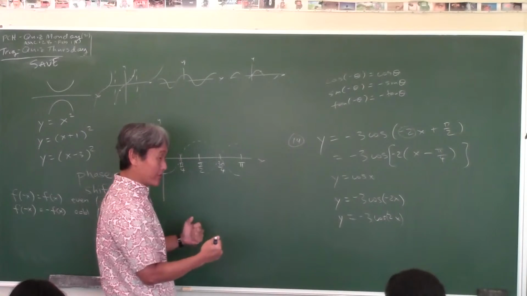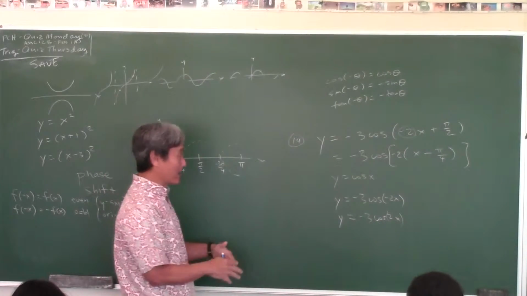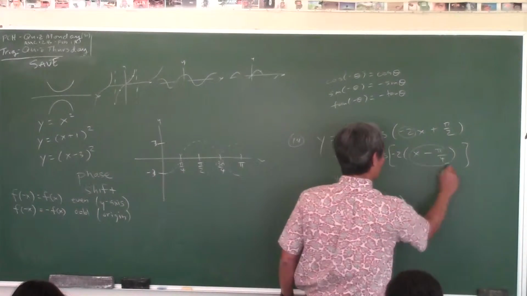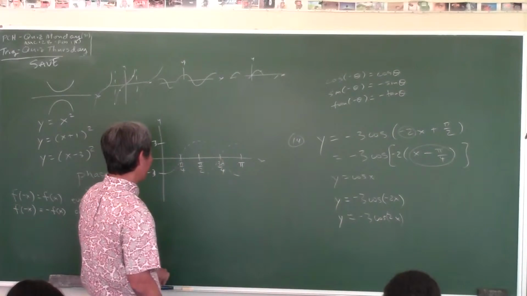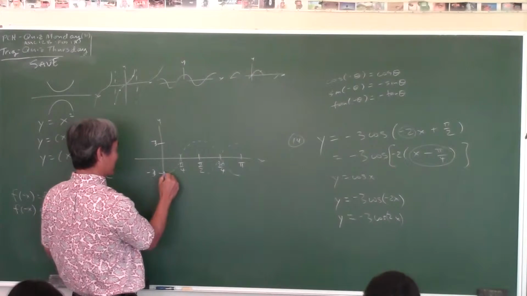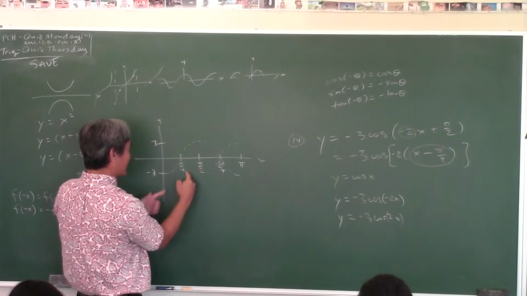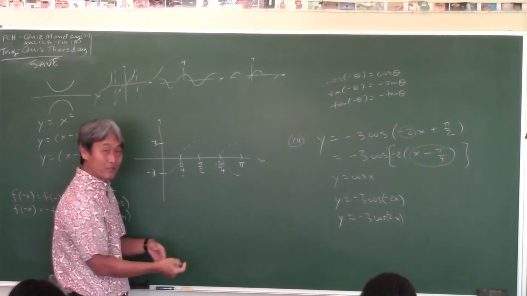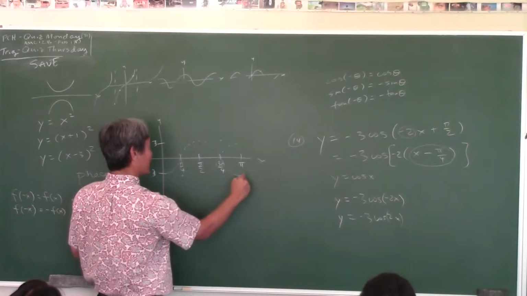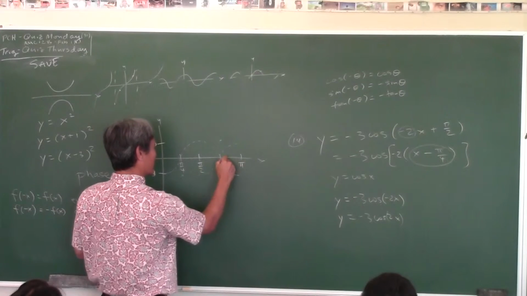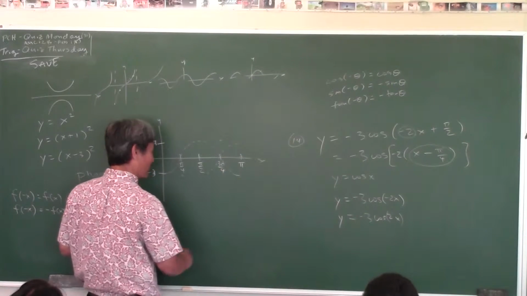Remember, do the stretching and shrinking first. Now, if there's any shifting up or down, now you look at it. This will shift the graph pi over 4 to the right. So every point goes pi over 4 to the right. So this point goes over here. And see how each hash mark is pi over 4, so that's good? This point goes over here, this point goes over there, and this point goes over here. And we're gonna need one more hash mark.